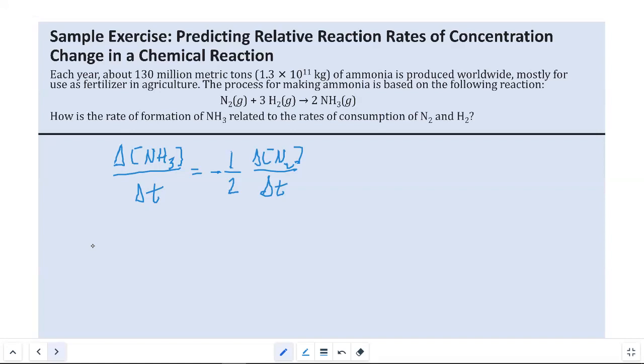In other words, the rate of disappearance of nitrogen is going to be half of the rate of appearance of ammonia. Again, that makes sense in the context of the balanced chemical equation. The ammonia is going to appear twice as fast as the nitrogen disappears.